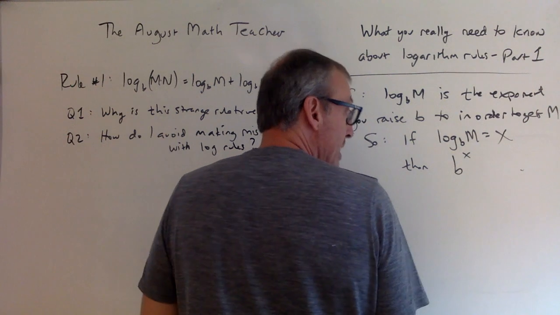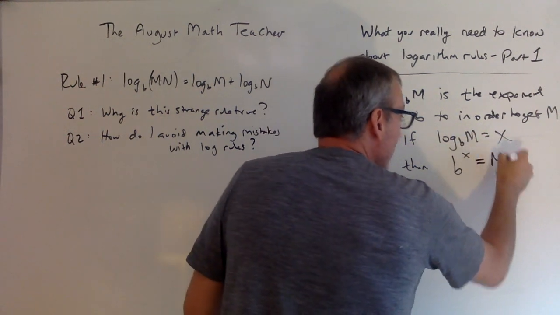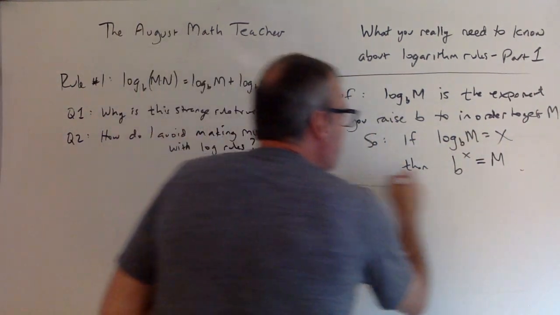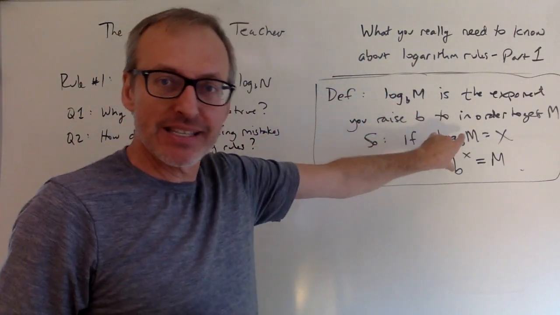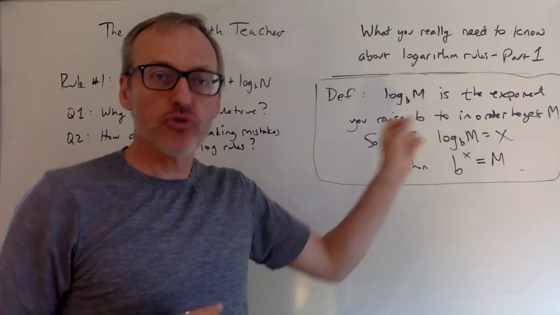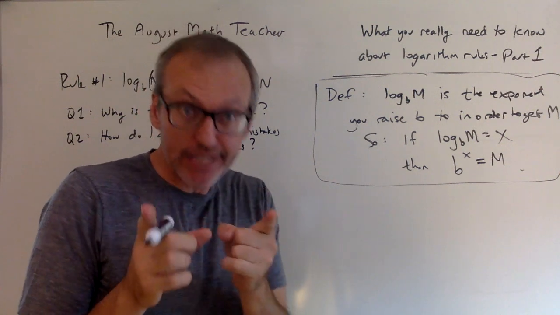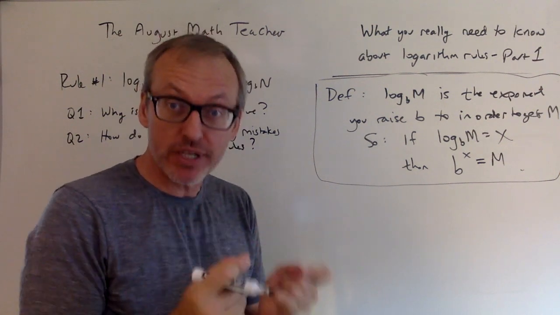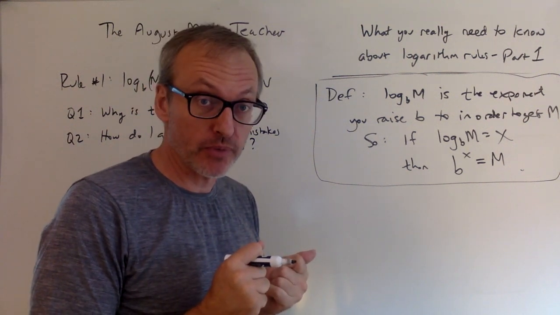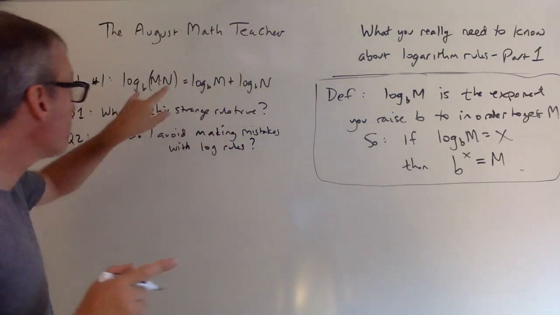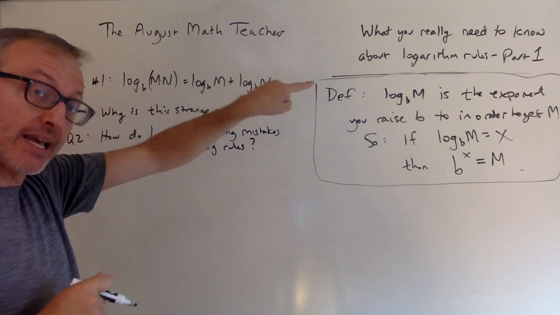So b to that exponent is going to get you m. This pair of definitions, the words and this statement, are crucial for you to remember. So if you haven't already done it, get on really starting to memorize this and to use it all the time. It's super useful.